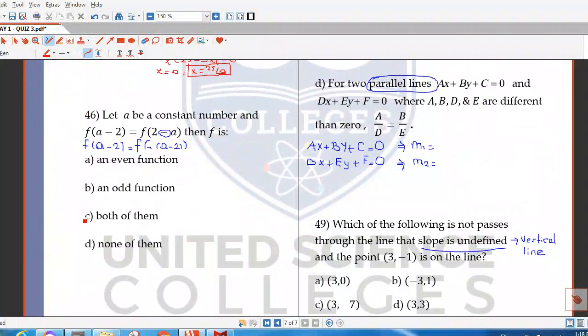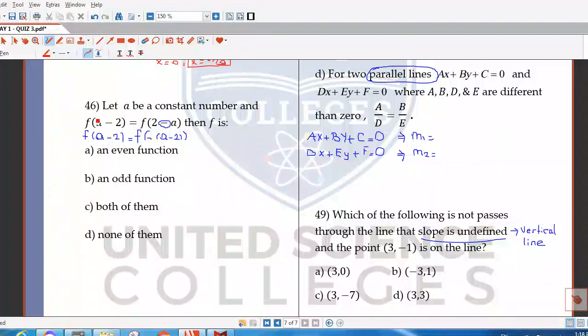Question 46. There is a function f. f of a minus a is equal to f of 2 minus a. So what can we say about function f? If I compare the inside, a minus 2 and 2 minus a, what happened?